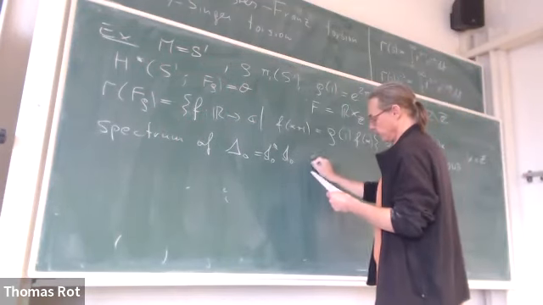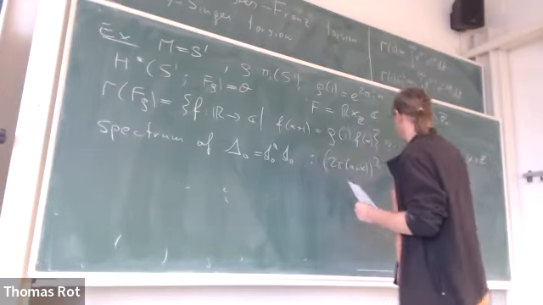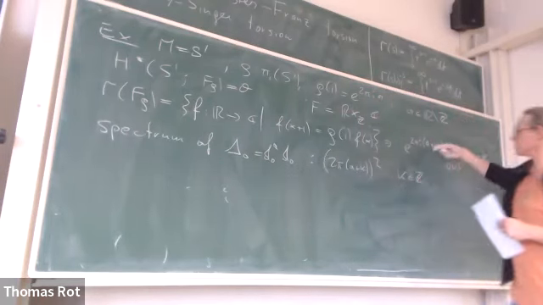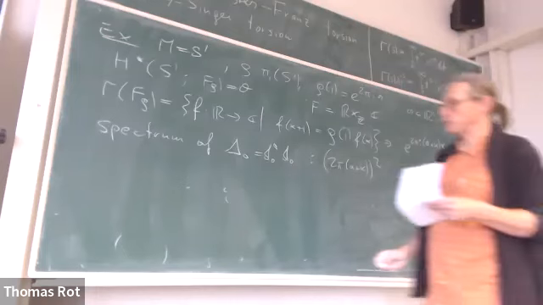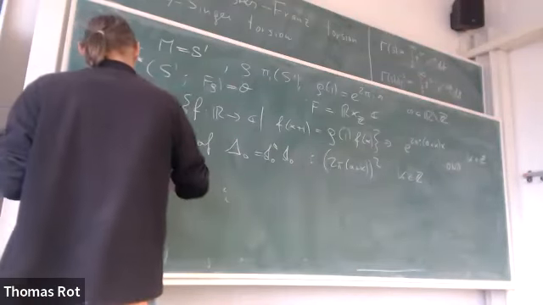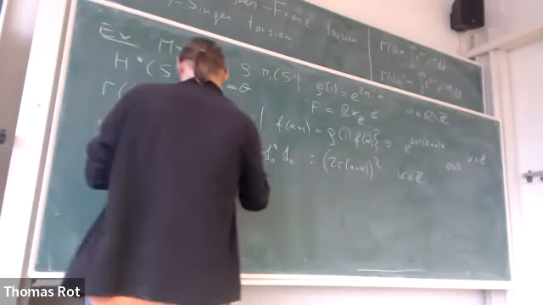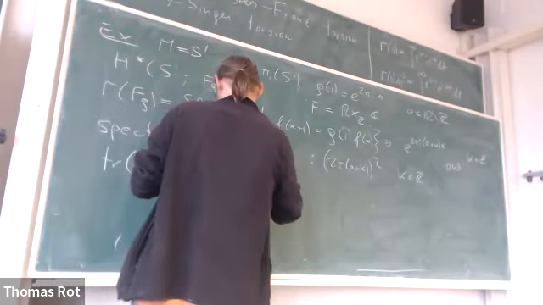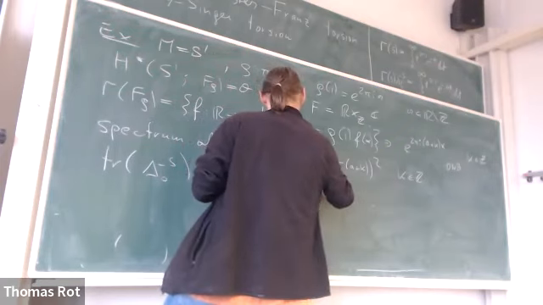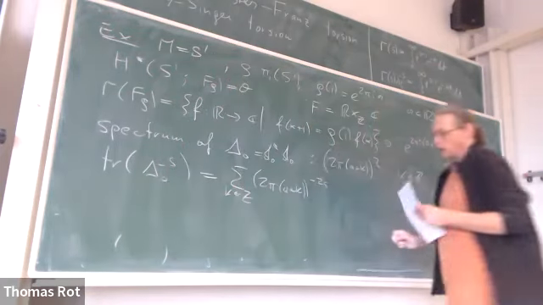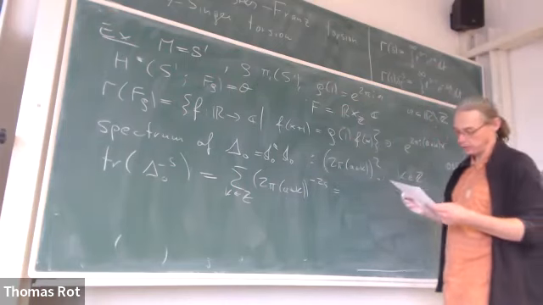The Laplacian has spectrum (2 pi (k plus a)) squared. Each of these is an eigenfunction, and this is the spectrum you get. So you look at the zeta function, the trace of the Laplacian to the power minus s, and this is again a classical zeta function that can be expressed using Hurwitz zeta functions.